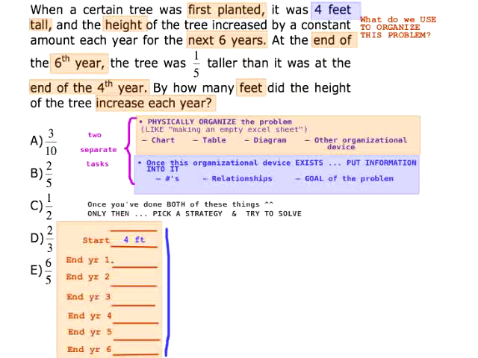Here, you're going to be adding the same amount each year, because it's not a constant ratio, it's a constant amount. That's the key. That's what determines that. A constant amount is a quantity that you are adding to something.